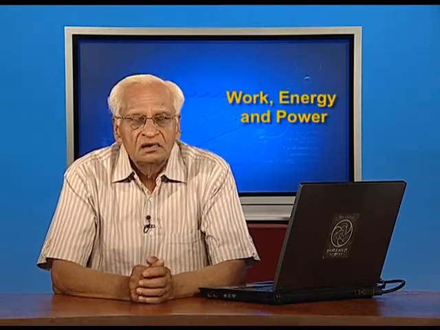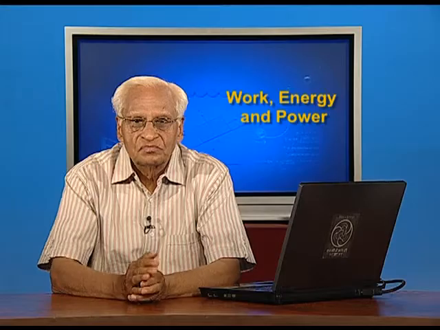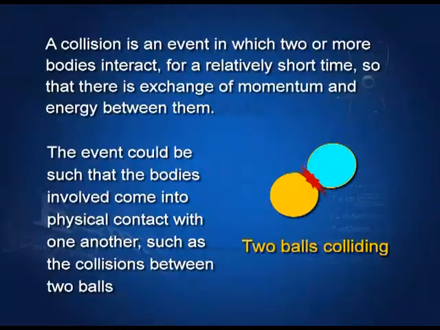What is a collision? A collision is an event in which two or more bodies interact for a very short time and exchange energy and momentum. The event could be such that the two bodies actually collide, they come and collide with one another, or they could interact at a distance. Two balls shown here have collided such that they are touching one another.